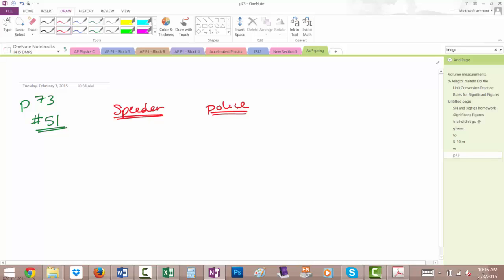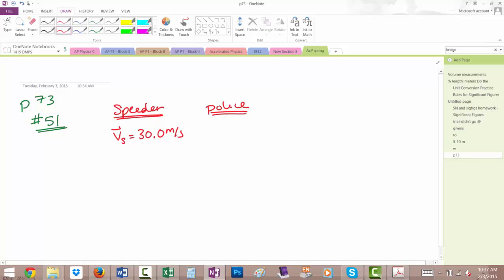Everybody should be able to tell me something on the givens list. Cindy, what can you tell me that's on the givens list? 30 meters per second. And where does that go? Who is moving that fast? The speeder is moving at 30 meters per second. And what is that a measure of? Yeah. So I'm going to say the velocity of the speeder is 30 meters per second.